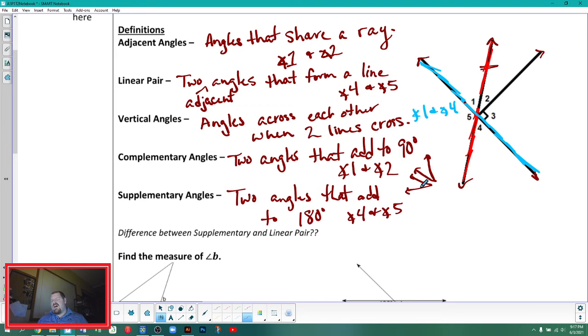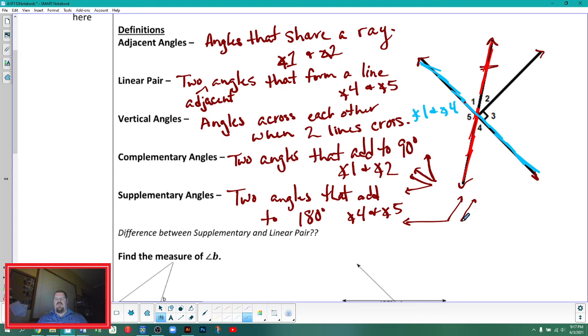Except for, I would say, possibly one thing. And that is, maybe supplementary angles don't have to be adjacent. They can have this kind of a relationship. If I've got one angle that's this big, and another angle, not that, that wouldn't make sense. Trying to do the best I can here.